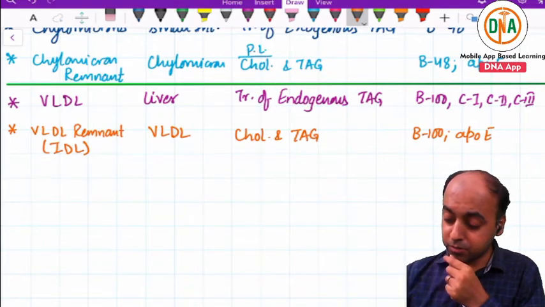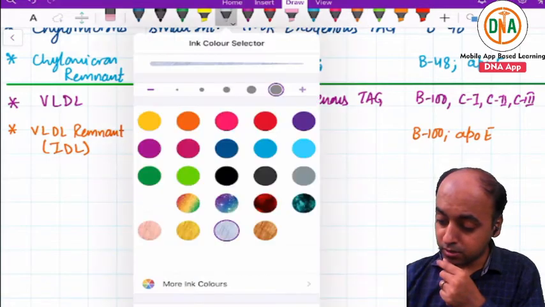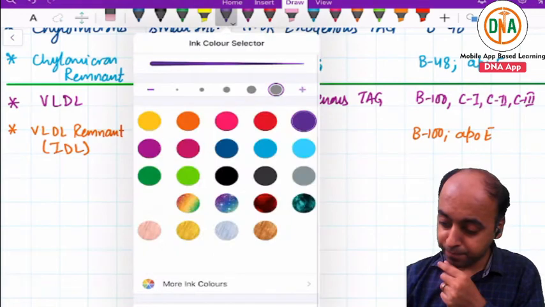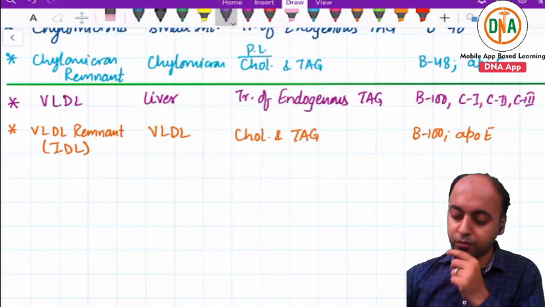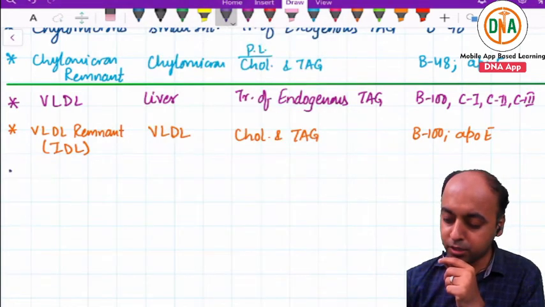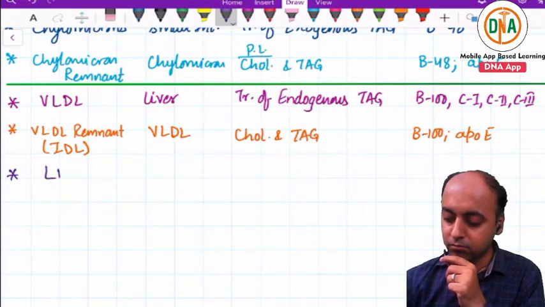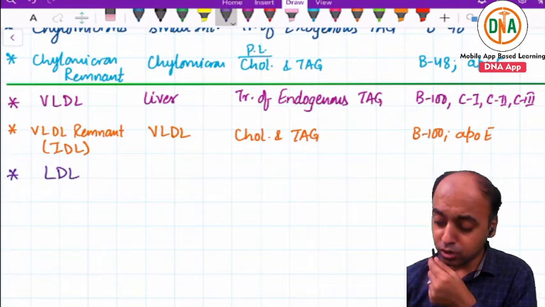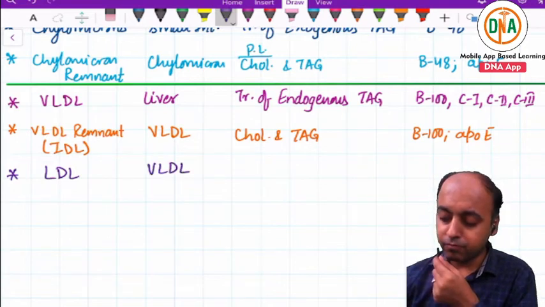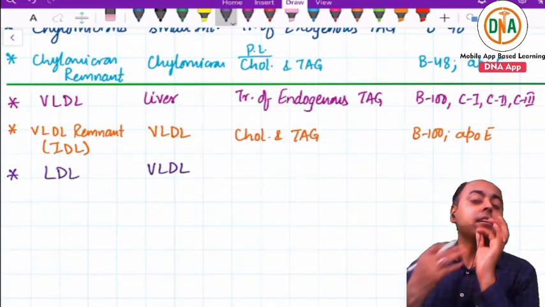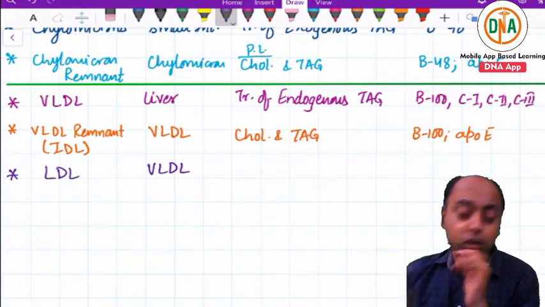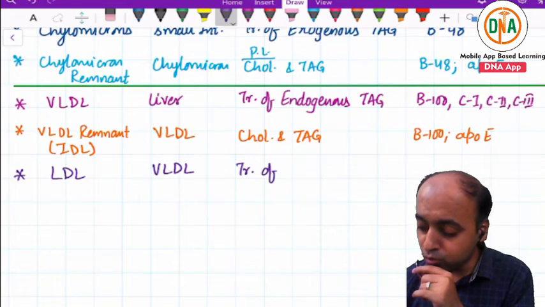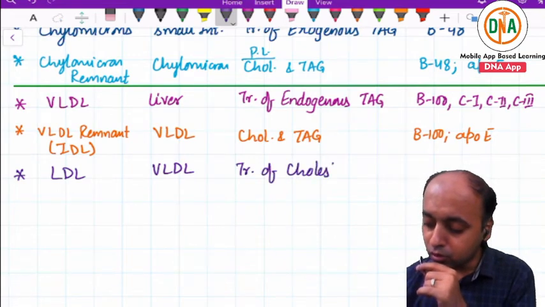We also said that VLDL may be converted into the LDL. So next one is LDL, and LDL is also coming from VLDL. However, the LDL is responsible for delivering cholesterol to the extrahepatic tissue, so it is responsible for transport of cholesterol.